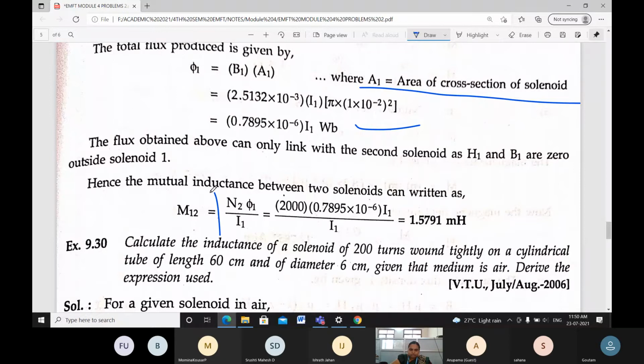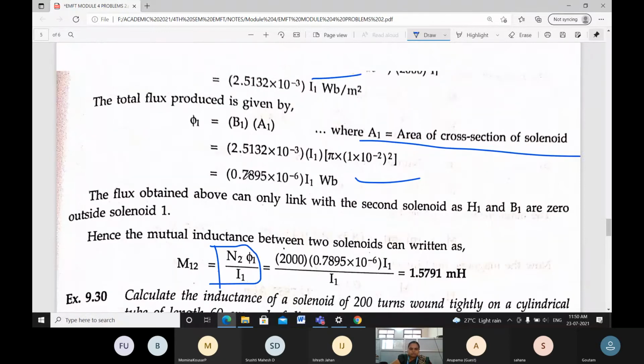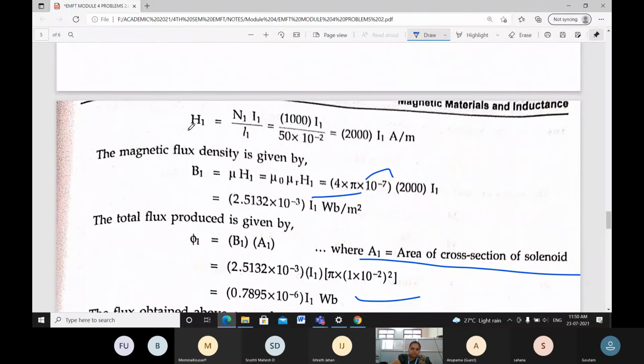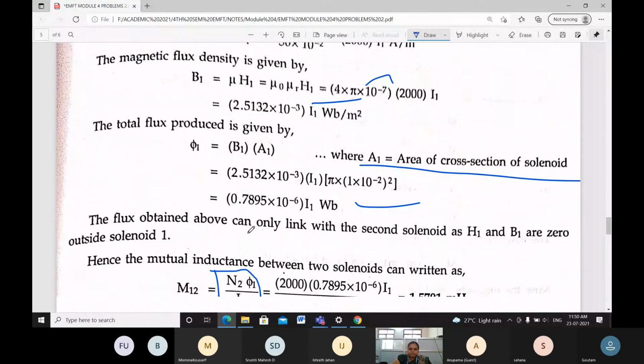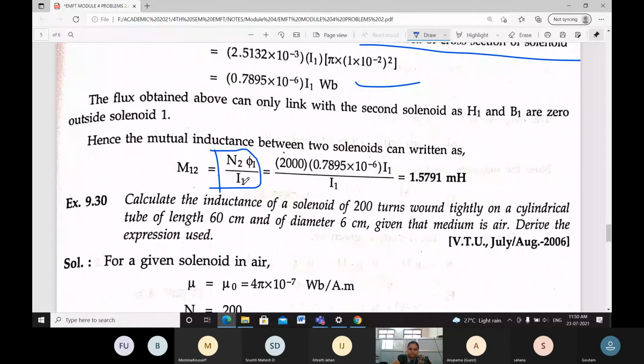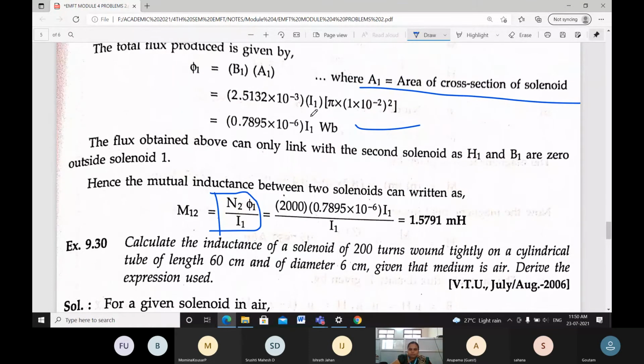Based on this equation, which one do we have to calculate? Whether H1, B1, phi 2, or H2, B2, phi 2? We know phi 1, we know N2, we know I1 also. Just substitute here. Phi 1 is there, I1 gets cancelled.